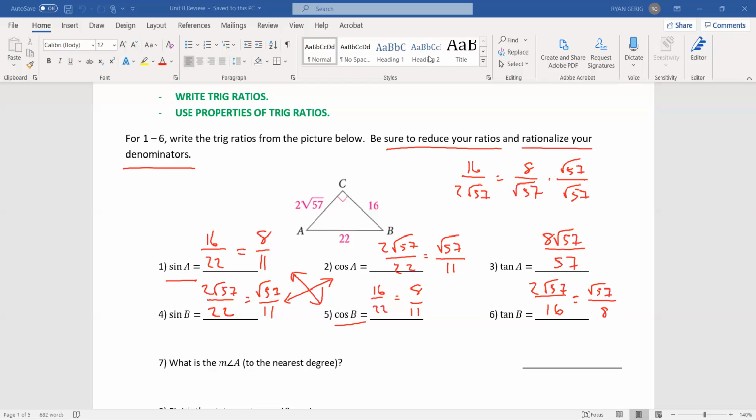So I'm going to take the first problem, so sine of A equals 8 over 11. To get A by itself, we're going to do the inverse sine on the calculator. You should know how to do that by now. You get 46.65, rounded to the nearest degree would be 47 degrees.